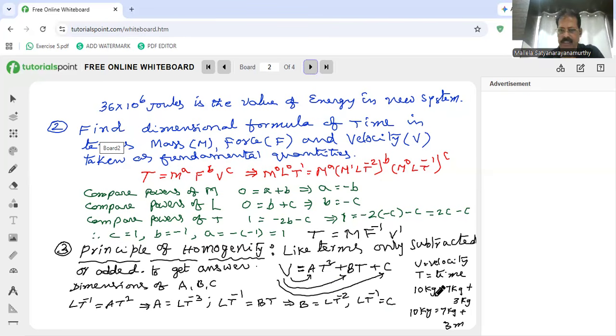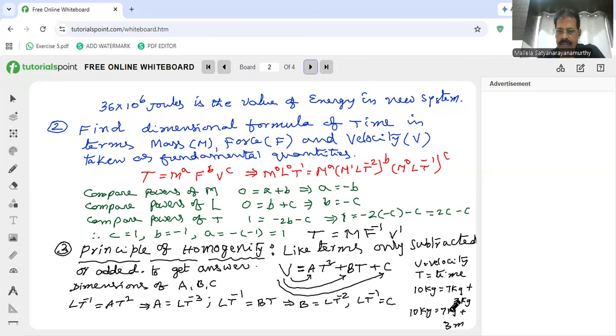I will write one example here. See, 10 kg is nothing but 7 kg plus 3 kg. That means the left side is kg, and the right side physical quantities are all in the same units only. But below, 10 kg equals 7 kg plus 3 meters. How is it possible? It is not possible.